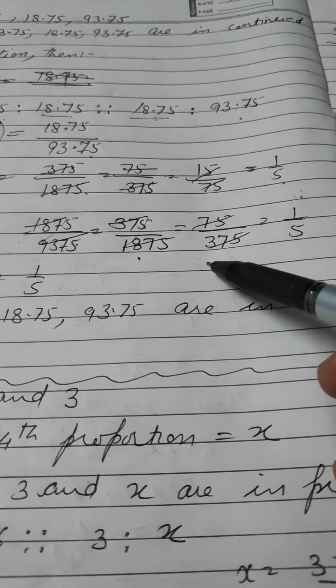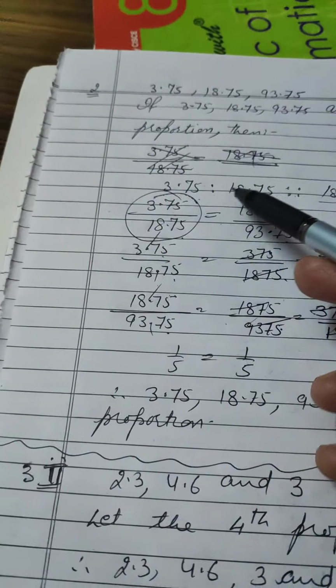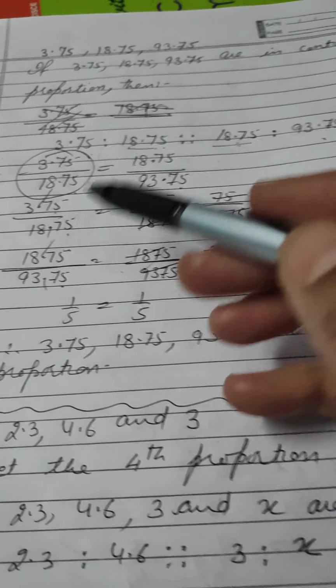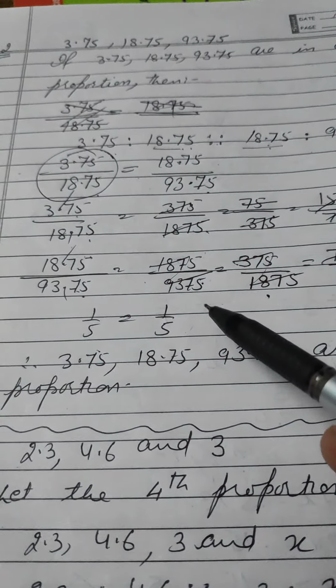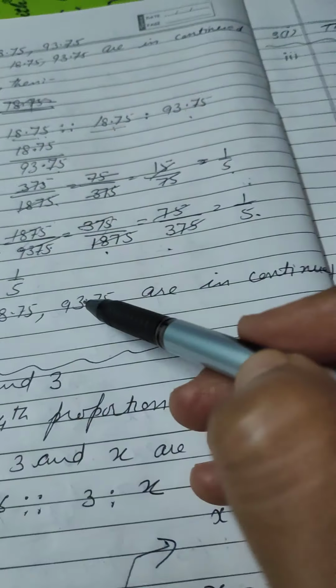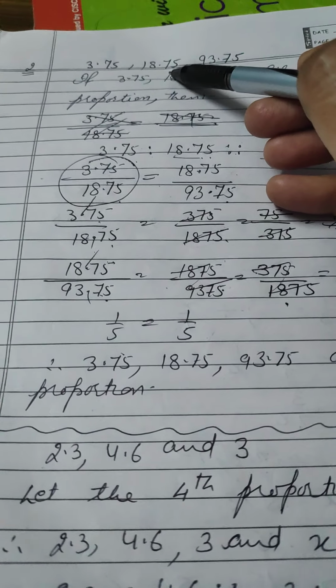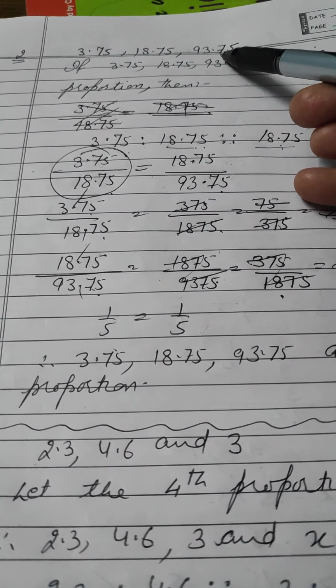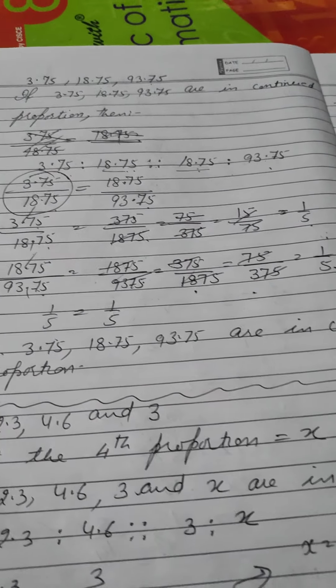Again we can cut directly with 75. Now first ratio second, that is 1 by 5, is equal to third ratio fourth, 1 by 5. Then we can say 3.75, 18.75, 93.75 are in continued proportion.